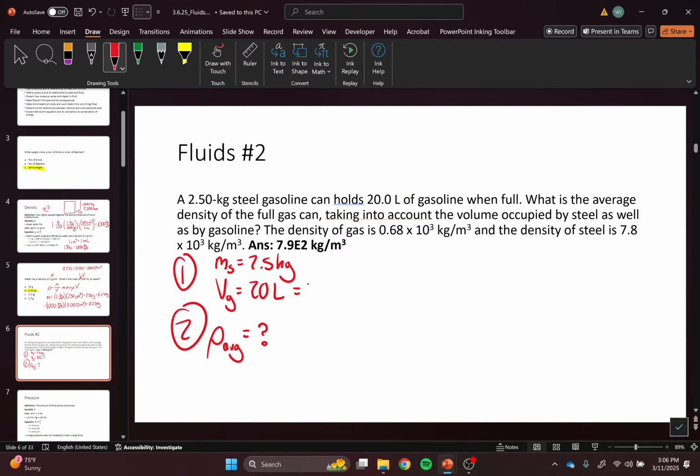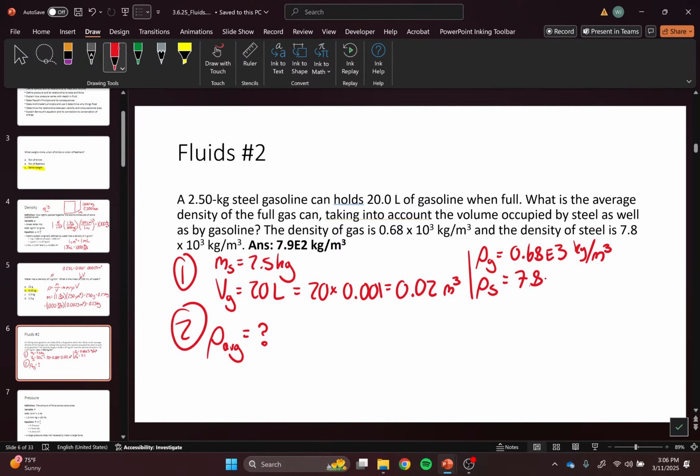So that's 20 times 0.001. That's the unit conversion. So it ends up being 0.02 meters cubed. And then we got the density of gas is 0.68 E3. Again, this is in meters cubed. That's where we did the unit conversion. And the density of steel is 7.8 E3.